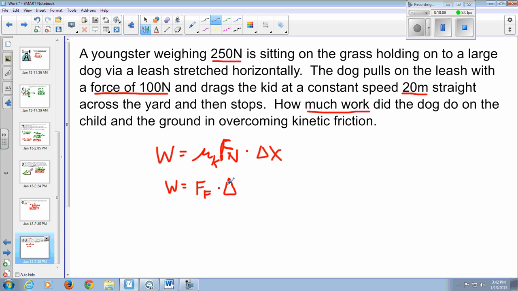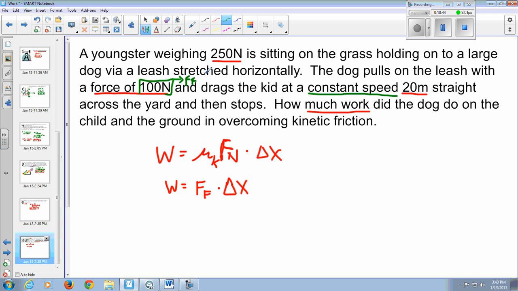Why not? The reason is because the dog is pulling on the leash with a force of 100 newtons, and he's dragging the kid at a constant speed. And so you have a situation where the force of friction is equivalent to the force that the leash is pulling. So this is equal to the force applied, or the tension in the leash, and it's also the force of friction.